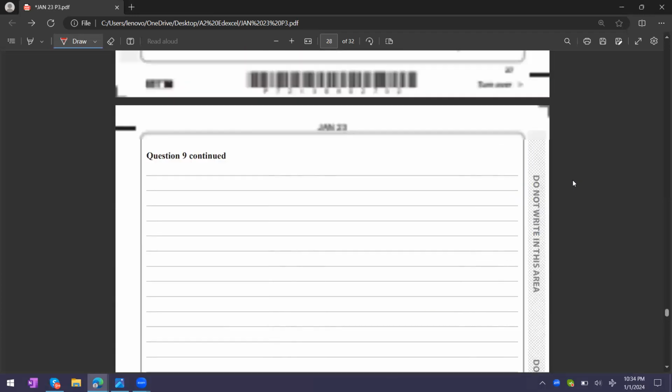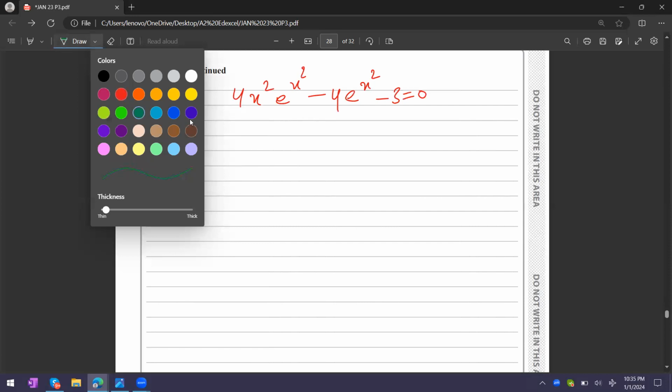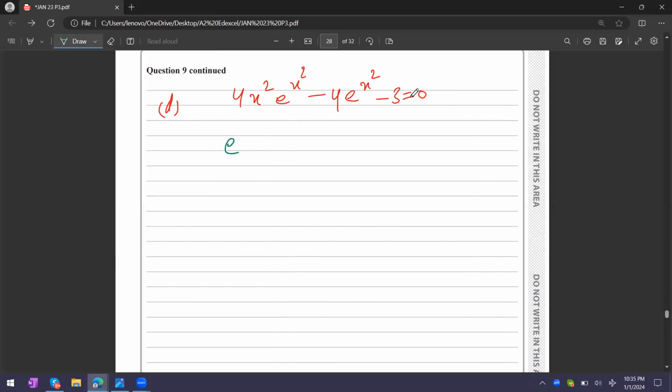D part. First write the same equation again. This is also an easy part. So you can take e raised to power x square common and move 3 there. Taking common, it is 4x square.